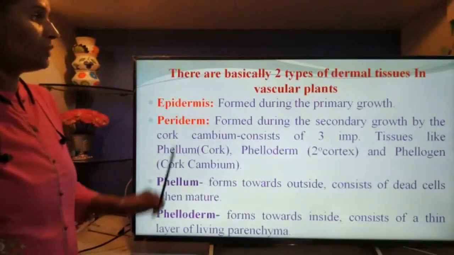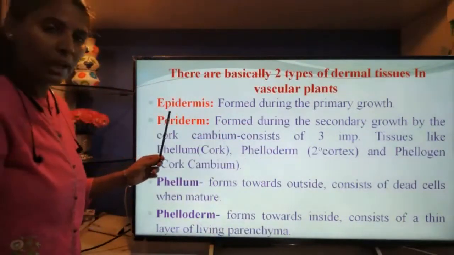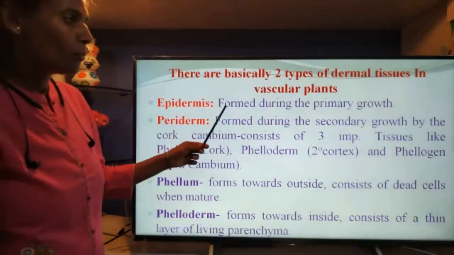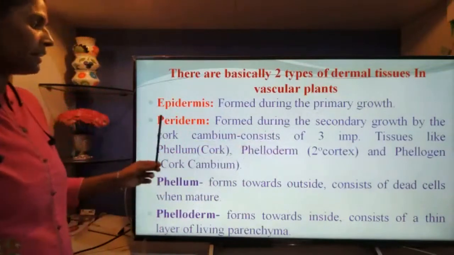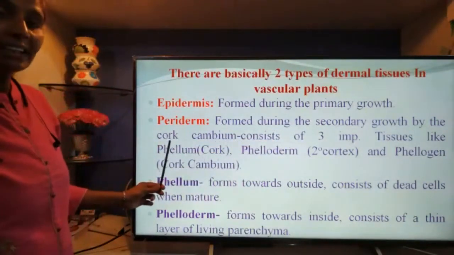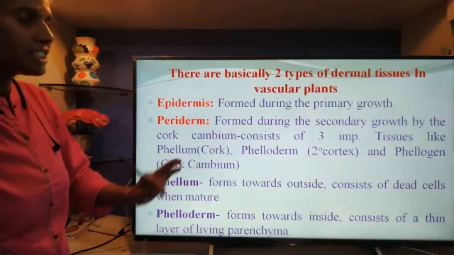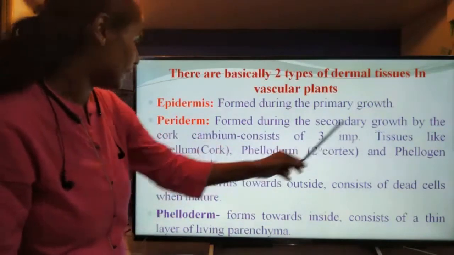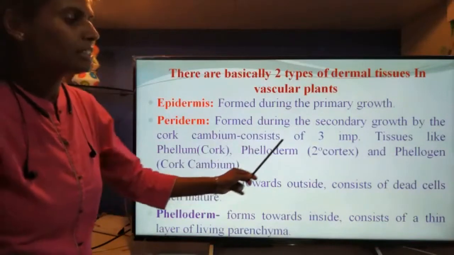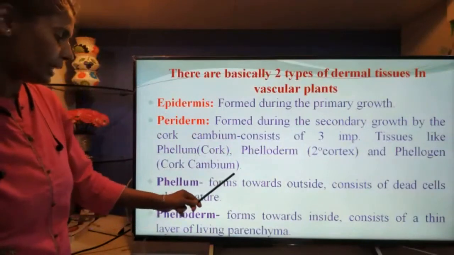As I already told, there are basically two types of dermal tissues in vascular plants. First one is called epidermis and the second one is called the periderm. The epidermis is formed during the primary growth of a plant, whereas the periderm is formed during the secondary growth by the activity of cork cambium present in the cortical region, which consists of three important tissues: the phellem, otherwise known as the cork, the phelloderm, otherwise known as the secondary cortex, and the phellogen, also known as cork cambium.